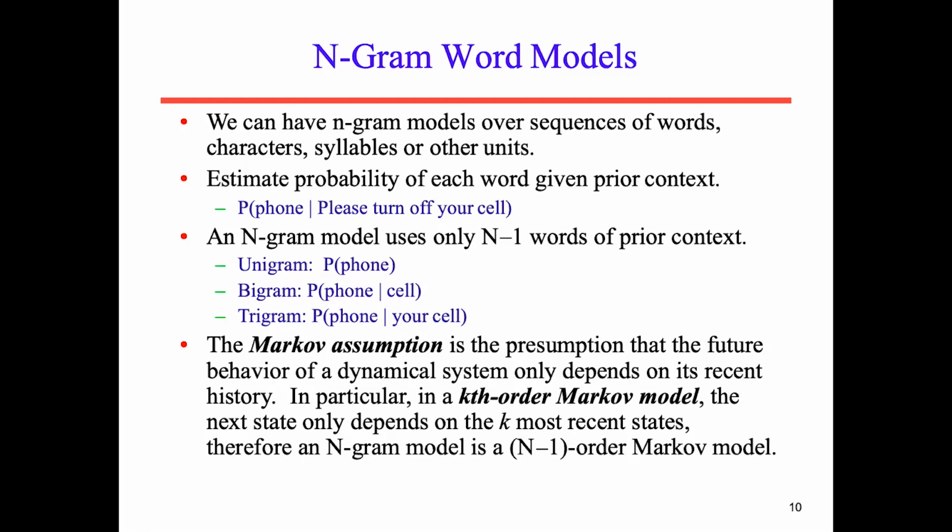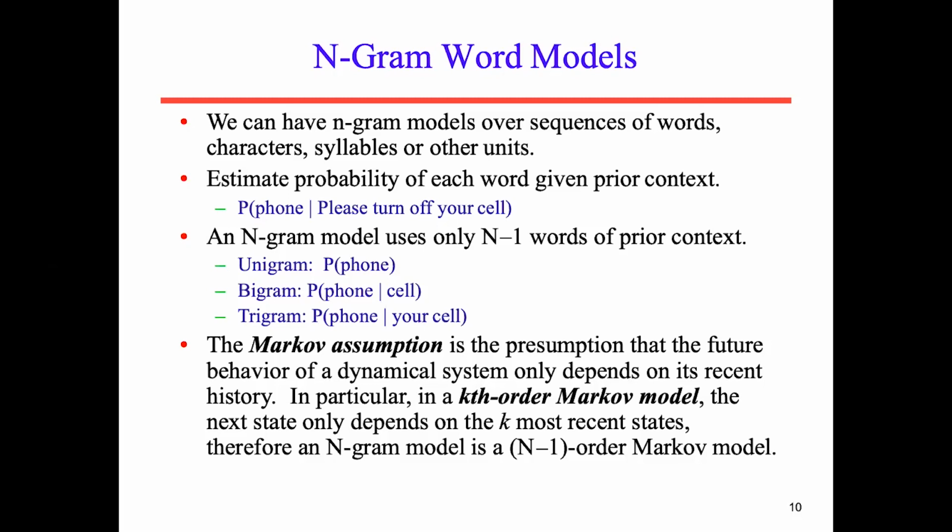An n-gram model uses n-1 words of prior context, so a 6-gram model uses 5 words of prior context. At the top, you see please turn off your cell are the 5 words it uses to predict phone. And you'll see it's a lot more accurate the higher the number of your n-grams gets.